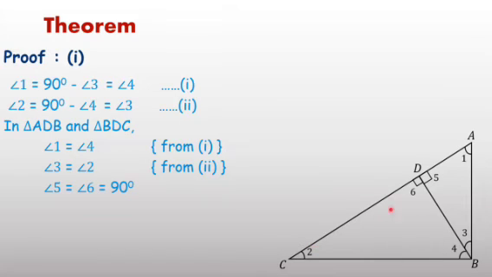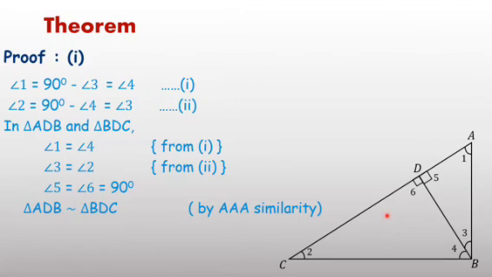And angle 5 equal to 6 equal to 90 degrees, both are 90 degrees because BD is perpendicular to AC. Therefore, these two triangles are similar by AAA similarity. In this pattern, you are able to prove the first part, these two triangles are similar to each other.